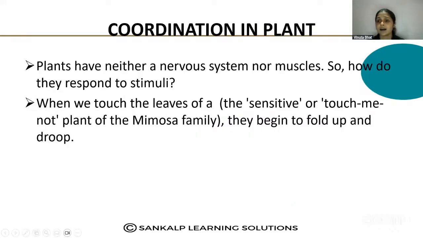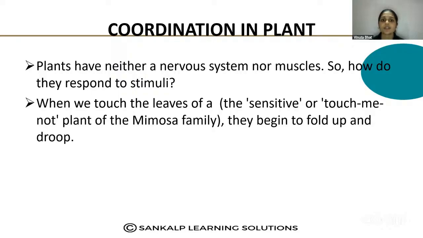Next important topic is coordination in plants. We have the nervous system, neurons, central nervous system, brain, spinal cord, and so on, right? But what about the coordination in plants? Do they have any control and coordination organ system?